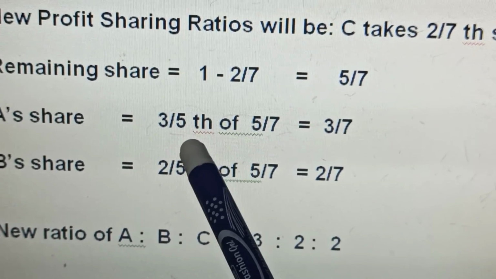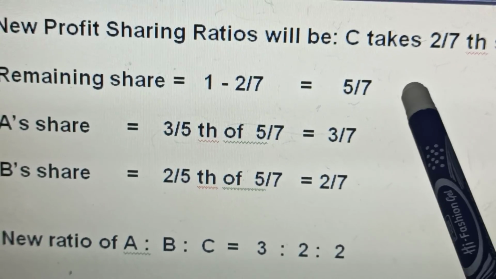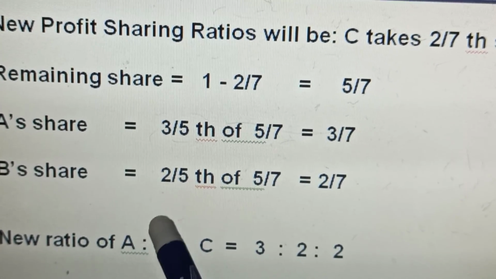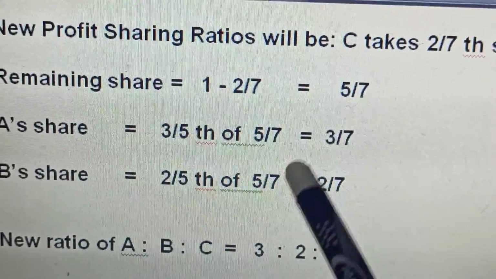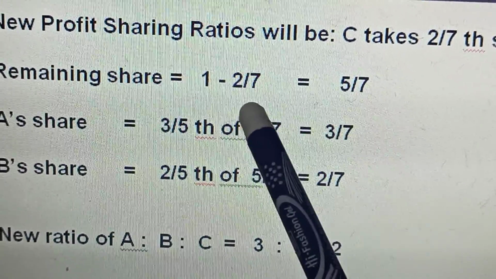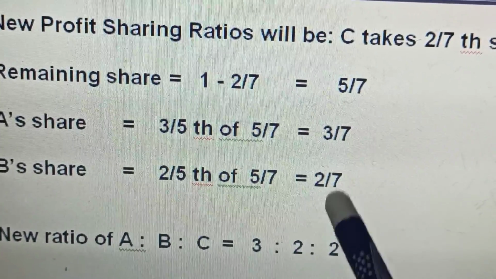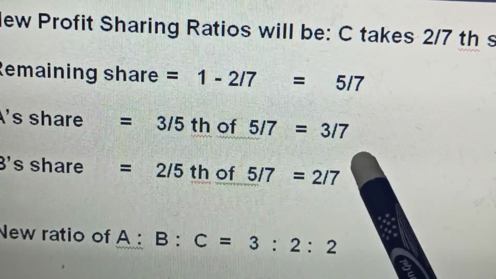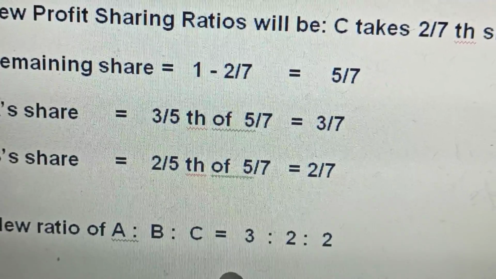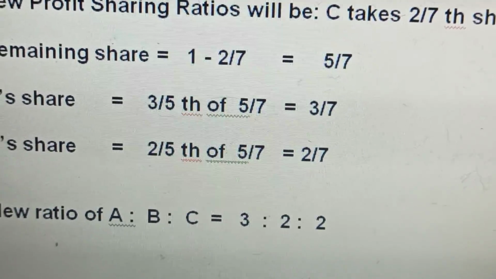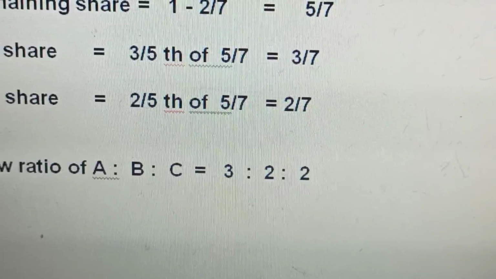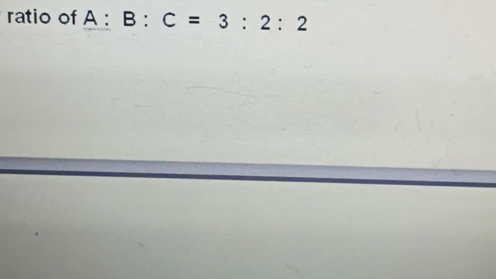But now A gets 3/5 of this 5/7 share and B gets 2/5 of this 5/7 share, left after giving 2/7 share to C. So these are the shares now acquired by them: 3/7, 2/7 and 2/7. The new ratio is 3:2:2.